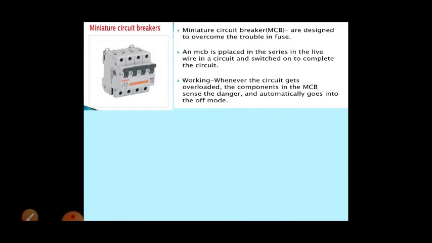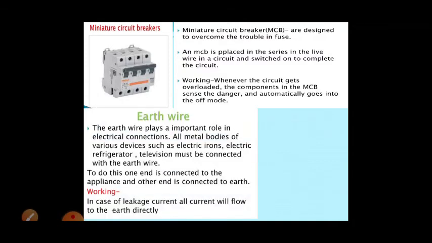When it is off, it means some problem has happened, or you can also switch it off yourself. As for working, whenever the circuit gets overloaded, the components in the MCB sense the danger and automatically go off. When it senses that some problem is arising, it automatically switches off and helps to protect your appliances.